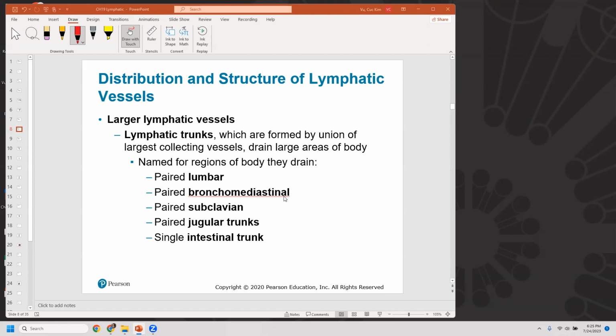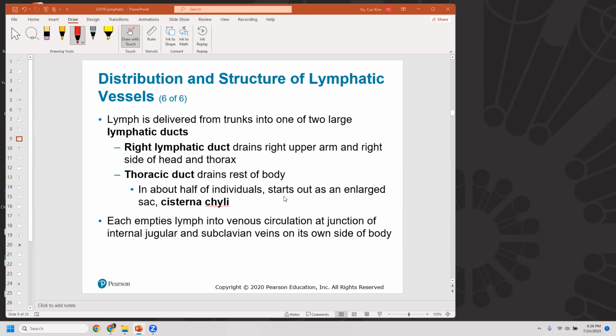The lymphatic trunks, before they divide and form the smaller lymphatic vessels, include the lumbar, of which there are 2, the right and left, the right and left bronchomediastinal, the right and left subclavian, the right and left jugular trunk, and then a single intestinal trunk. Okay, so these are the regions of the body that they receive the drainage from. They receive the interstitial fluid and it becomes lymph. Okay, so let's take a look at that.